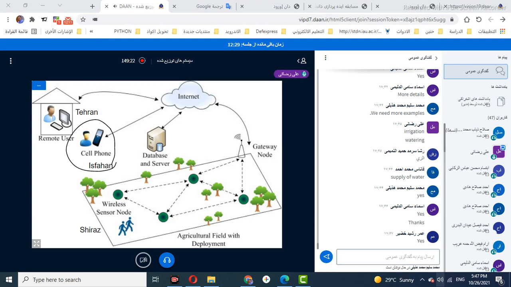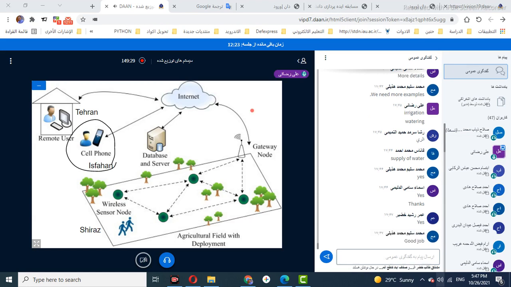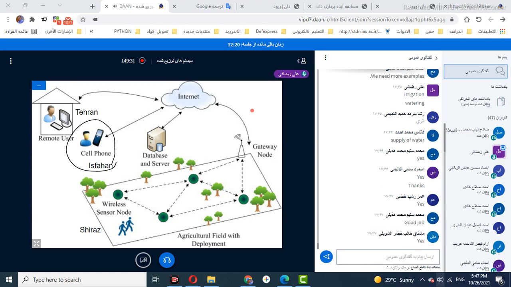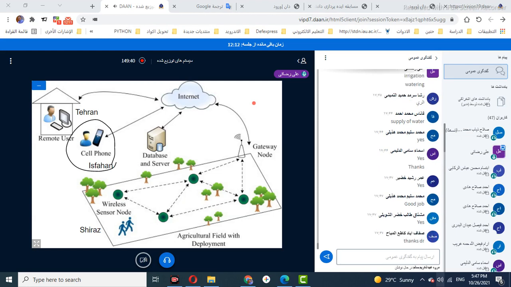So I will try to discuss more details about sensor networks next week, inshallah. Until then, please pay attention to your homeworks. It's so important to learn at a fixed pace.